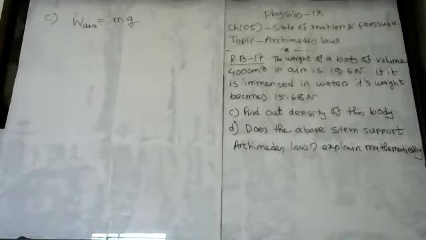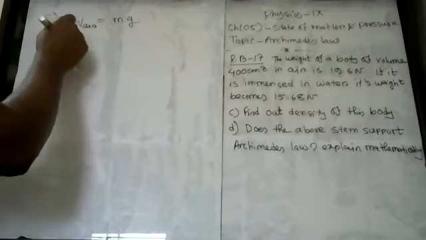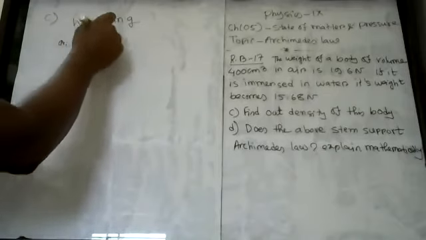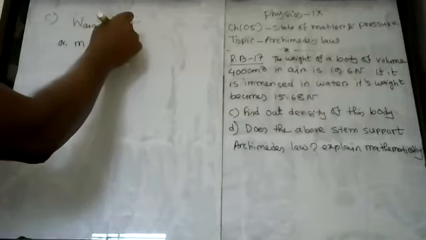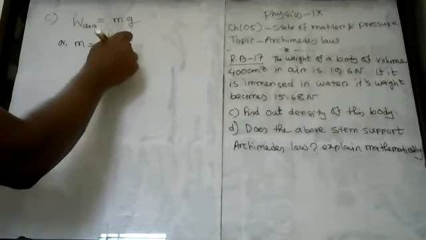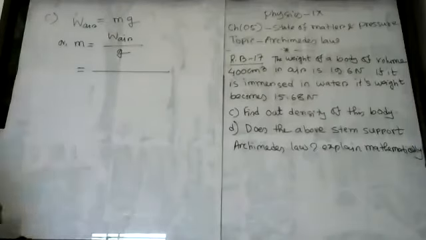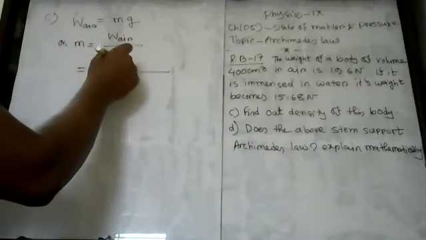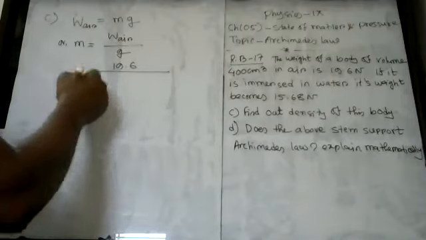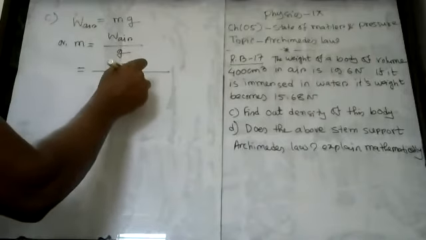Now I'm going to find out the mass of the body. So mass M will equal weight in air divided by G. Now, my dear student, weight in air is 19.6 divided by G equal to 9.8.